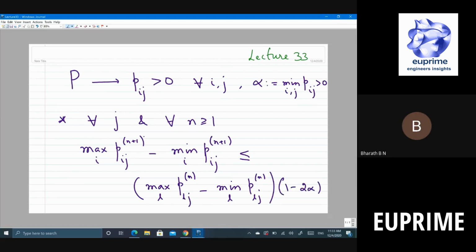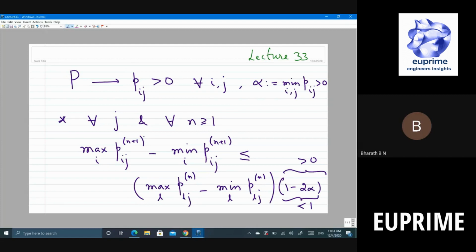So what it's saying is that the n plus 1 step difference is basically the nth step difference times something that is smaller than 1. This is strictly smaller than 1, but strictly greater than 0 as well, because alpha is greater than 0. Is that fine?